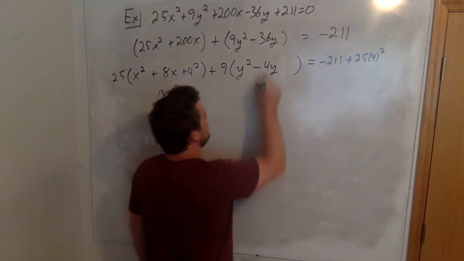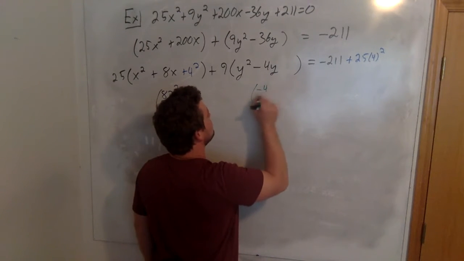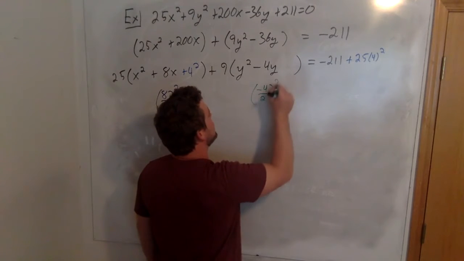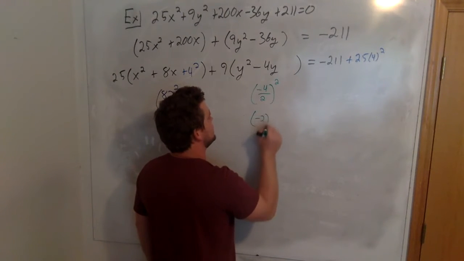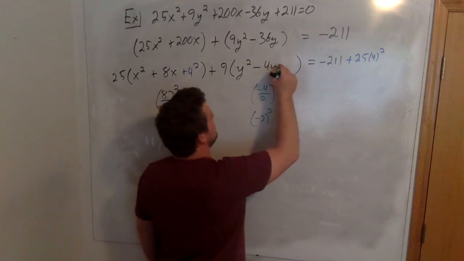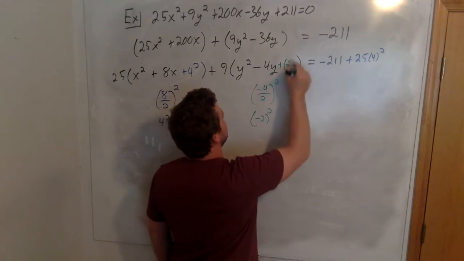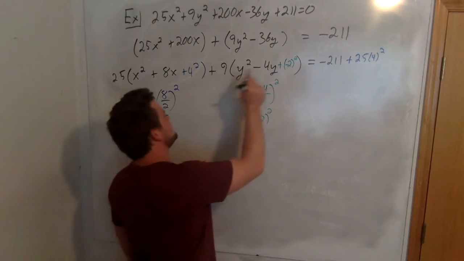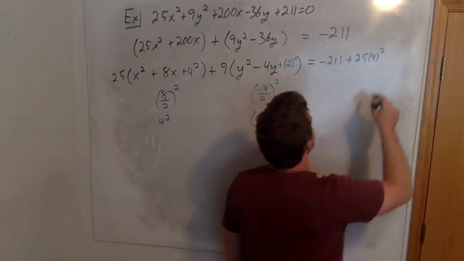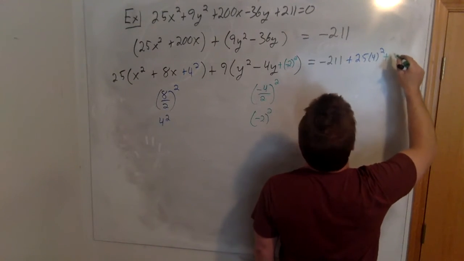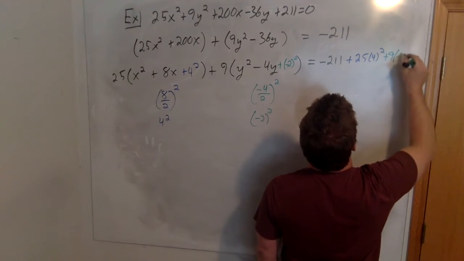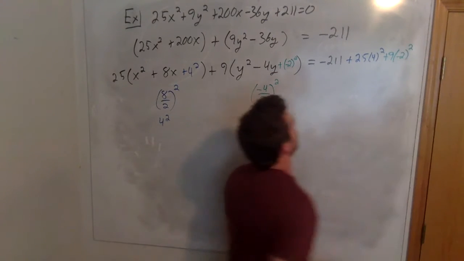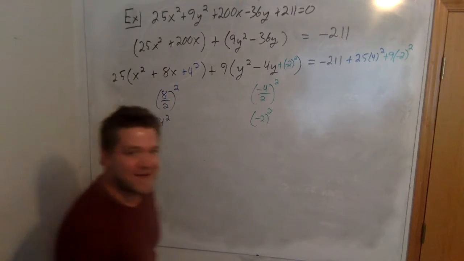To complete the square on y, we'll take the negative 4, cut it in half and square it, so that'll be a negative 2 squared. We add that inside the parentheses, but really we added 9 times negative 2 squared on the left, so we need to add 9 times negative 2 squared on the right. All right, now we're cooking.